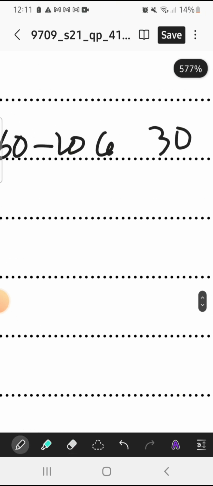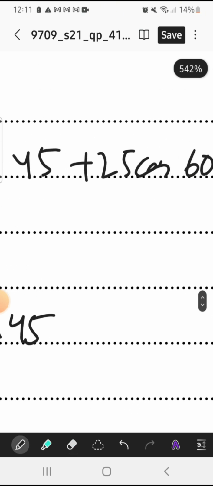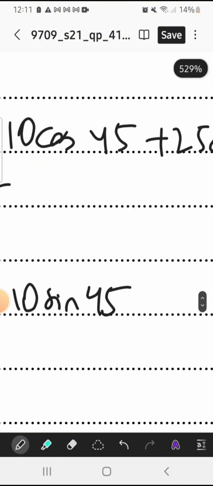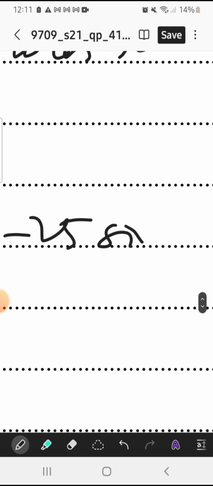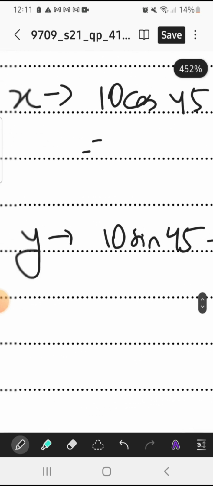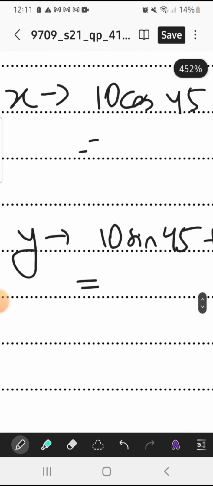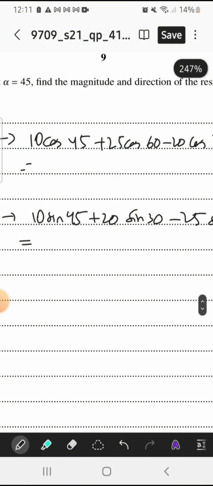So cos, cos, cos, and here it is 10 sine alpha plus 20 sine 30 minus 25 sine 60. Therefore we have some values here which you have to check using a calculator.